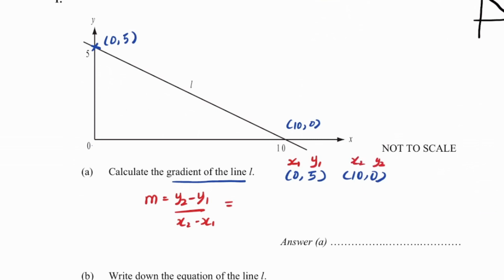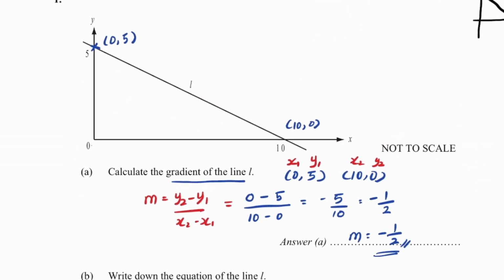Put the values in: (0 - 5) / (10 - 0), that will be -5/10. Simplify, and you will get m = -1/2. That is the gradient of the line L.